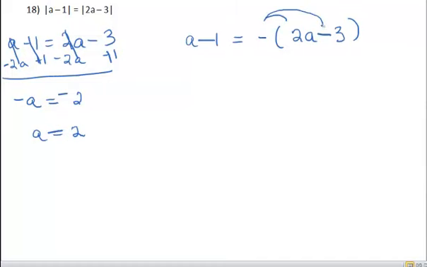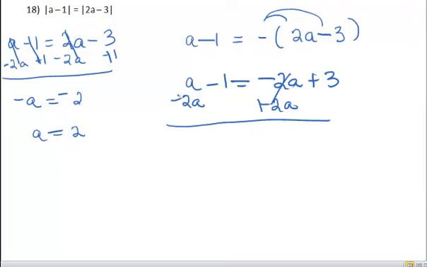Over here we need to distribute the negative, so we're going to get a minus 1 is equal to negative 2a plus 3. We're going to add 2a to both sides. So that's going to be 3a minus 1 equals 3.